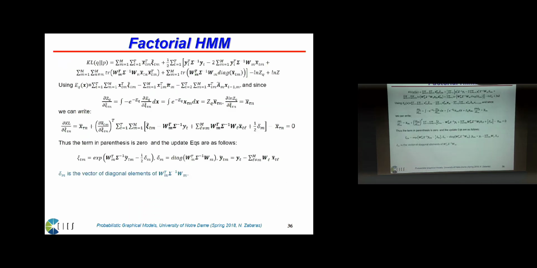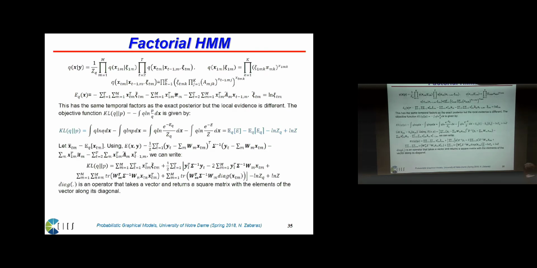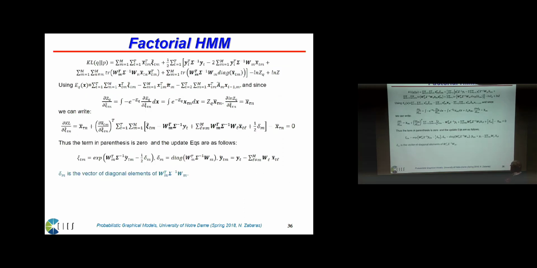So if you do the KL minimization between the exact P and Q, and you do the algebra, I strongly recommend that you do it because I did it, and I may have some typos, maybe not, okay? If you do this carefully, it comes out that you get an extremely simple formula for the update.